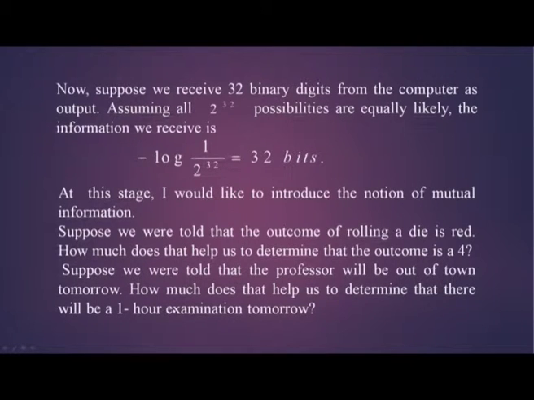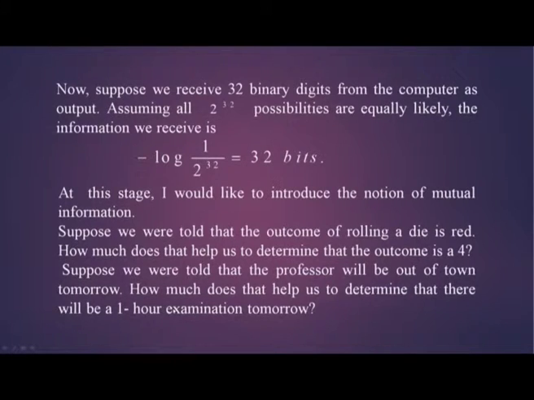So, there are in total 2 to the power 32 possibilities, and they are equally likely. So, the probability will become 1 by 2 to the power 32. So, the amount of information will become minus log 1 by 2 to the power 32, and that is 32 bits. So, the amount of information we are getting is 32 bits.